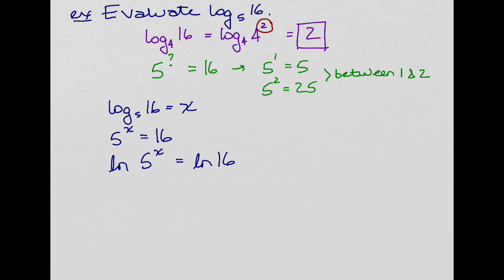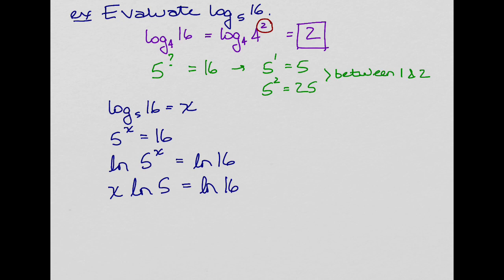Those two quantities are still equal. On the left now, I can apply one of the properties of logarithms, which is I can take the exponent and bring it down in front and multiply. So I can say x times natural log of 5 equals natural log of 16.